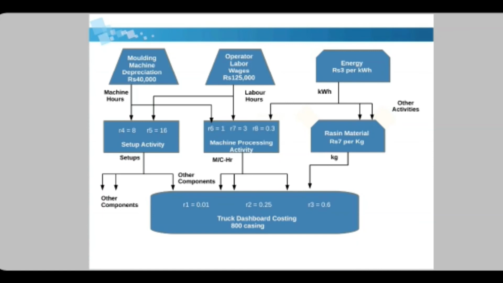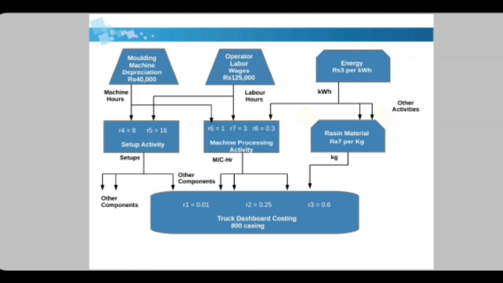R2 equals 0.25, which shows that for making one truck dashboard casing, 0.25 machine processing hours are used.